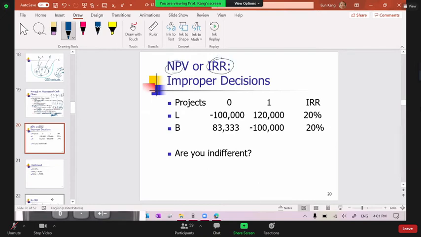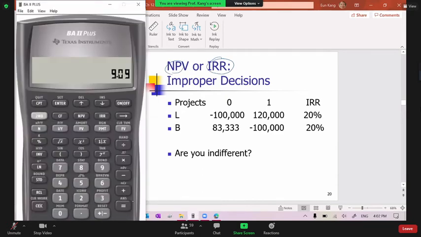So if you choose between L and B, okay, L, let's calculate. CF0, 100,000, negative. C1 is 120,000, enter. Go to IRR, compute, 20%.